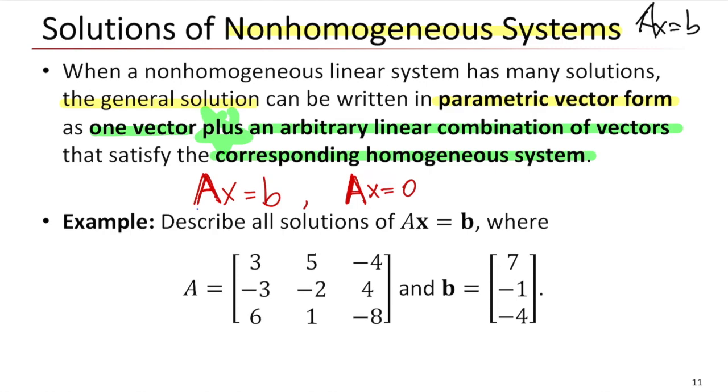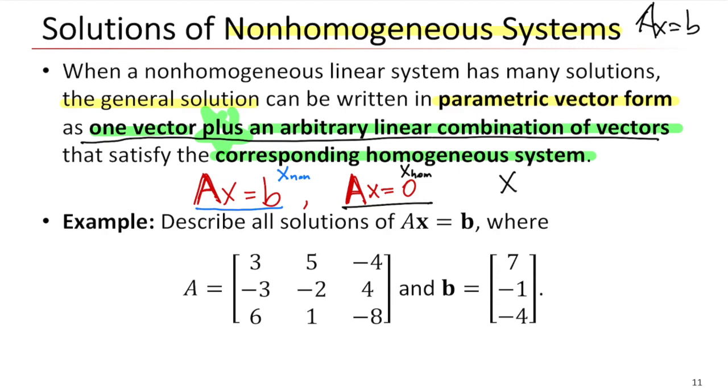Let's say the solution of the non-homogeneous system is x non-homogeneous, and the solution of the homogeneous system is x homogeneous. Then the solution of the non-homogeneous system is just an arbitrary vector, let's say u, plus an arbitrary linear combination, let's say c times x homogeneous.